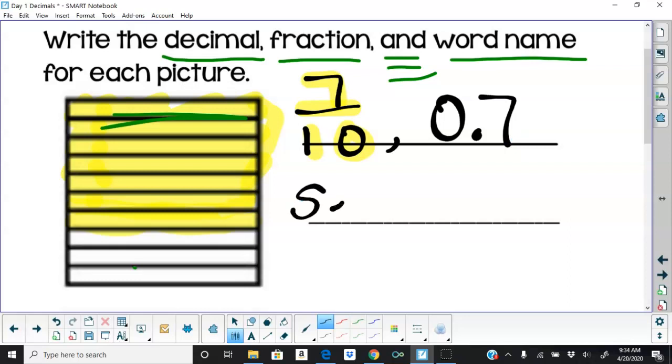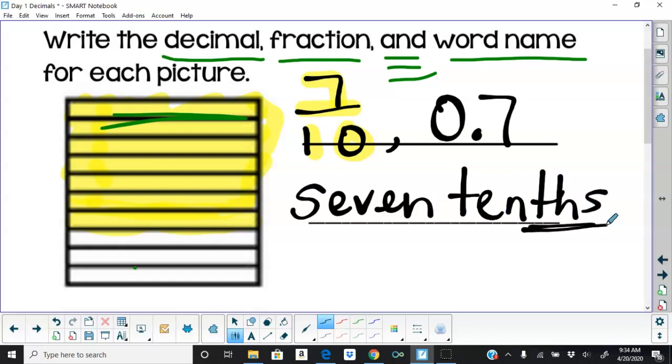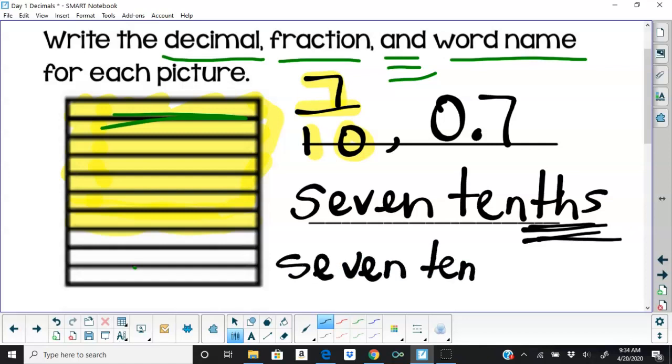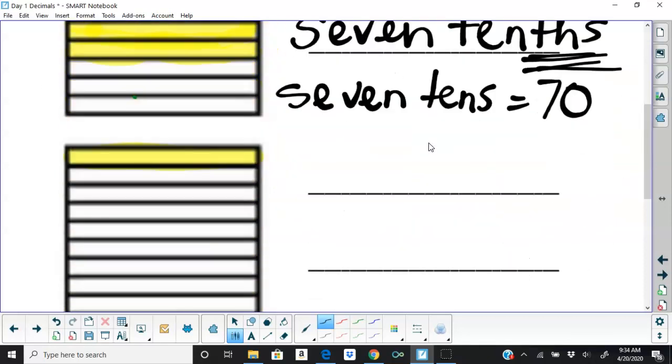So that's how I'm going to write it in word form. 7 tenths. Make sure you have the tenths there. Otherwise it's just 7 tens. And think about it. 7 tens equals 70. Okay, so you need to be careful.